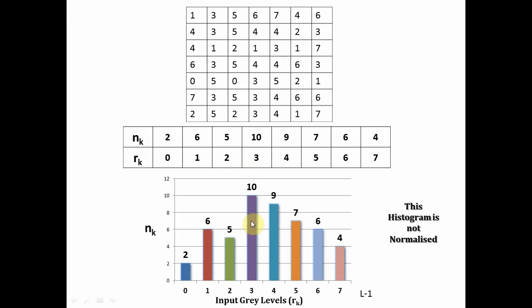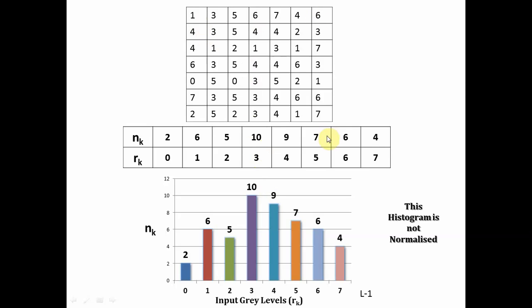If a gray level has 1 lakh pixels or 1 crore pixels in the image, you need to normalize. To normalize, you divide the number of pixels for that gray level by the total number of pixels of the image.